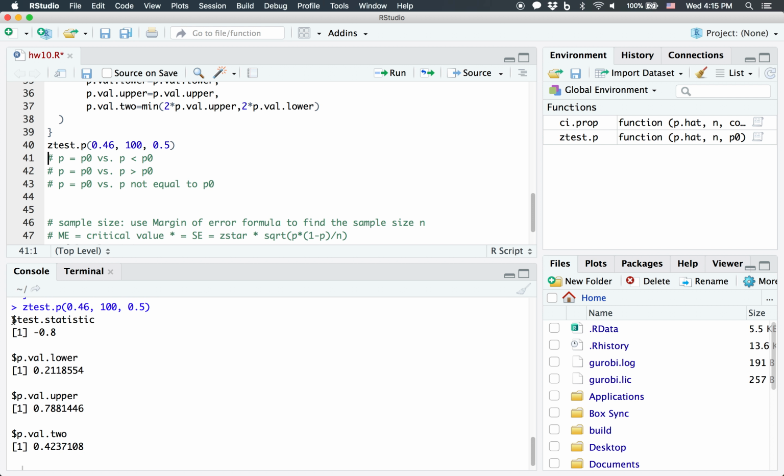It outputs 4 values here. The first one is the test statistic, which is the z-score of this value in the standard normal distribution, and this is a p-value. There are 3 p-values. Okay, so how to read the result?